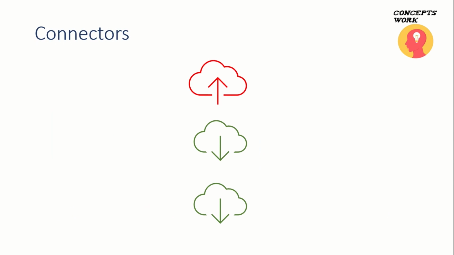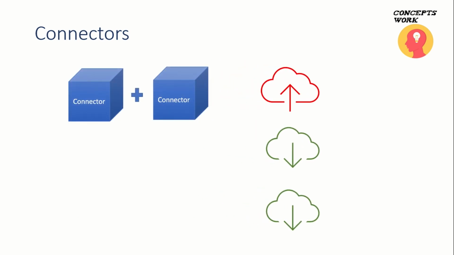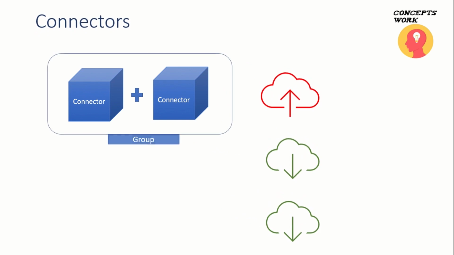The next one is the connector. Consider a scenario wherein you are publishing three different applications, and out of those three, the first application is going to receive most of the traffic. In this kind of scenario, you can have two connectors working specifically for one particular application, and you achieve this setup by placing these connectors into groups.